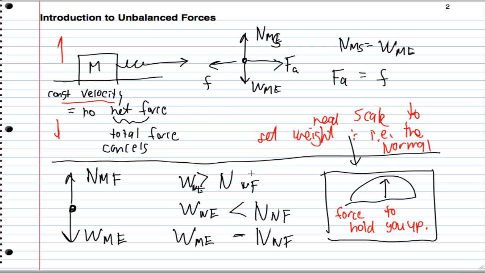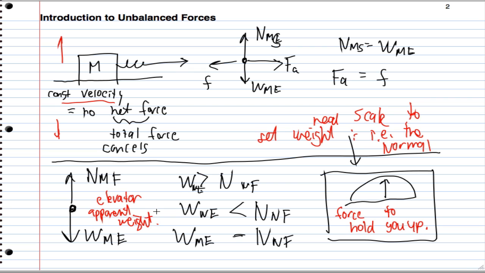And so when we talk about the lab that we're going to be doing tomorrow, what we're really going to do is we're going to put you on the elevator. And you're going to read the scale, and the term that we're going to be using to describe the normal force on the elevator is the term apparent weight.